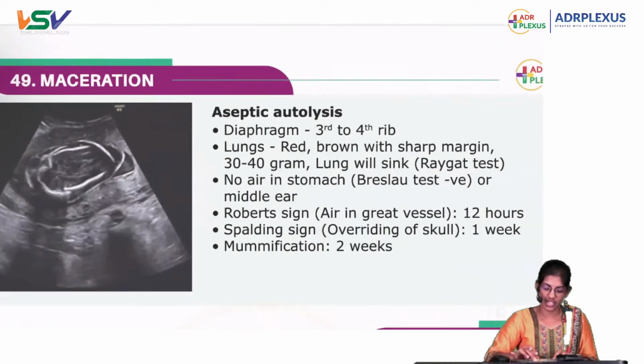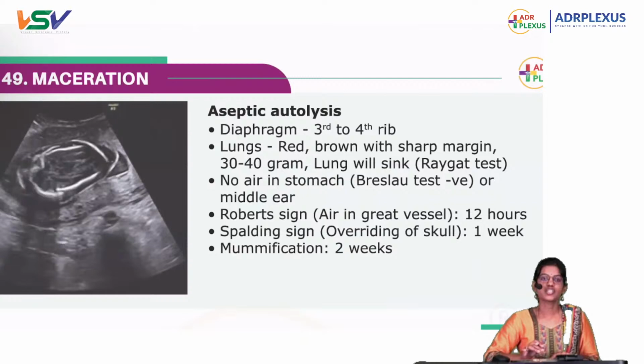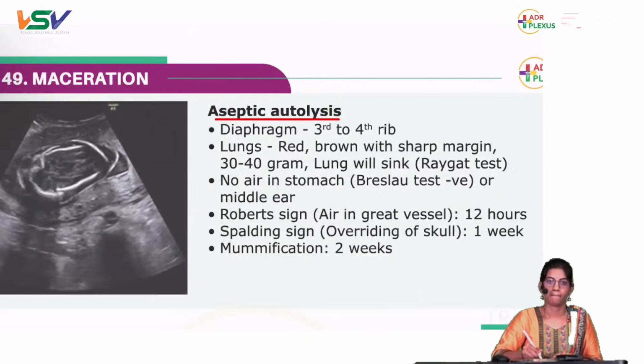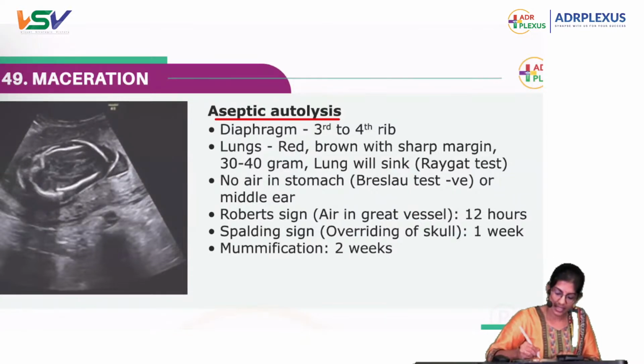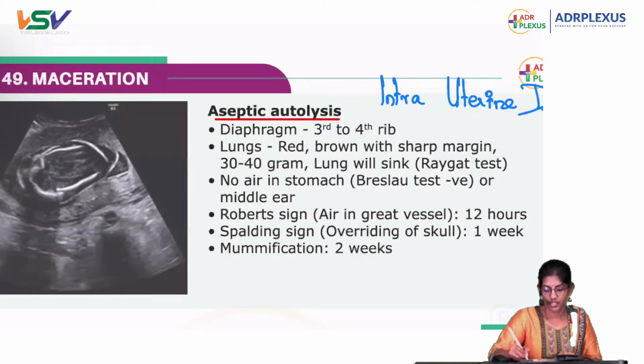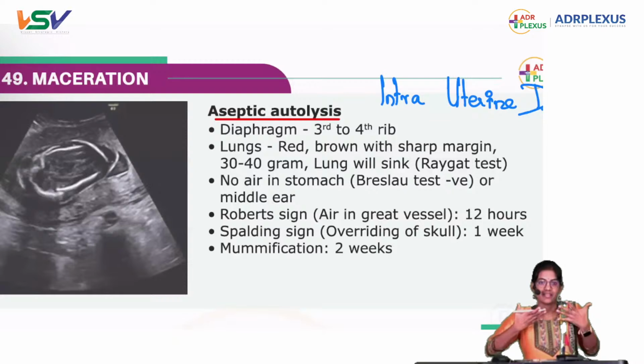Then we come to maceration. We've come to intrauterine death. Maceration is nothing but aseptic autolysis. Maceration indicates intrauterine death. Intrauterine death means the baby has not taken the breath.